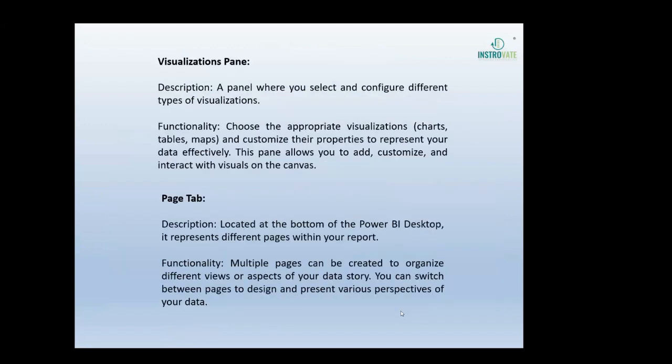Multiple pages can be created to organize different views or aspects of your data story. You can switch between pages to design and present various perspectives of your data. Simply click on each page to switch.